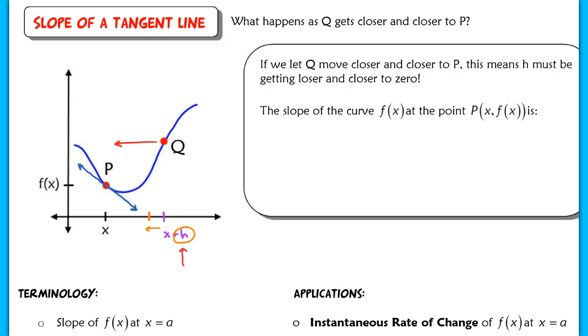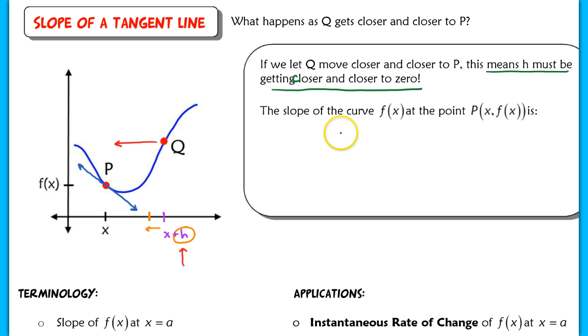Okay, so now if we want to talk about the slope of our tangent line, that means that we're going to use the slope of the secant line as an approximation. And to get a more accurate approximation, remember, we want to move that point closer and closer and closer to point P, which means that your h value has to be getting closer and closer to 0. Whoops, that says loser. There's supposed to be a C. Sorry about the typo.